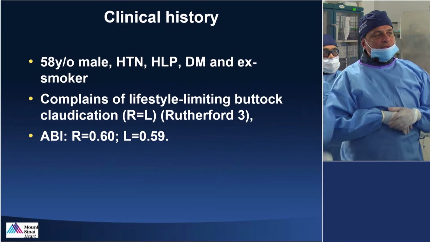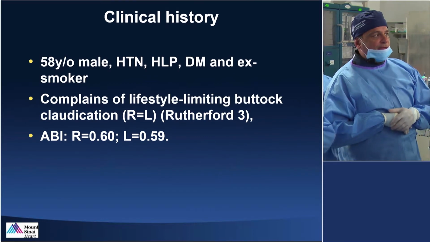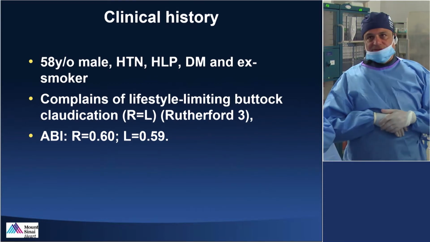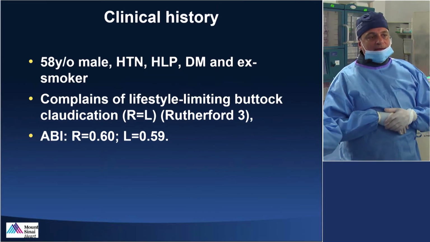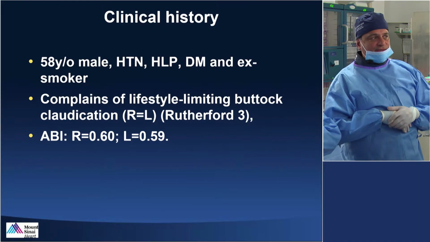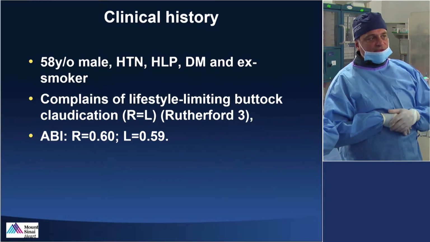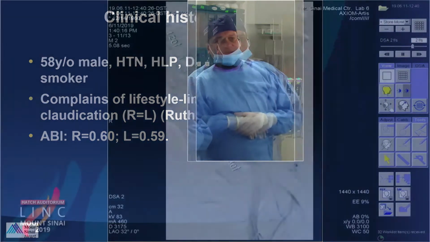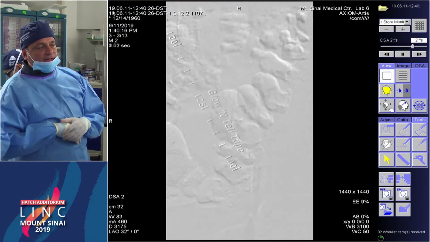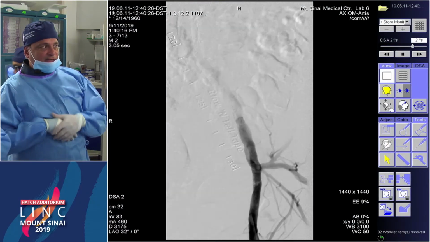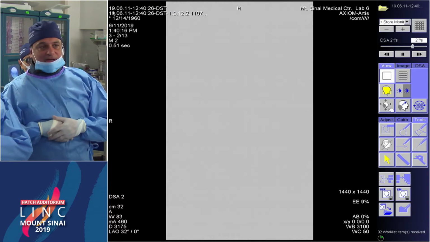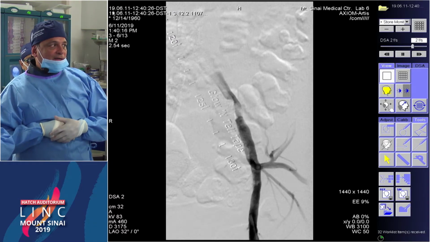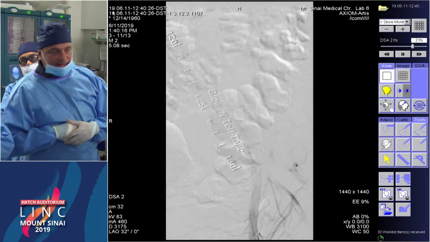Jim, this was done in one of our OBLs in New York, and the patient had an exercise ABI, which showed he only walked about a minute and 5 seconds before he developed severe buttocks claudication. The doctor took him to the outpatient lab, did an aortogram, and realized this is not something you should do in the OBL, and referred him to us, in perfect time for our symposium, which worked out really well. So I want to show you the angiogram.